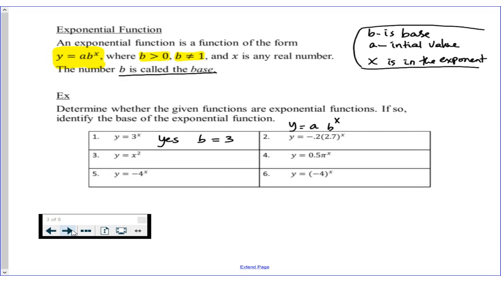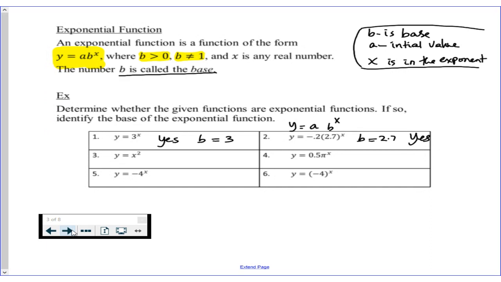So what is the base now? Yeah, 2.7, which is greater than 0. So b is 2.7. That means it is an exponential function. Yes, it is an exponential function.